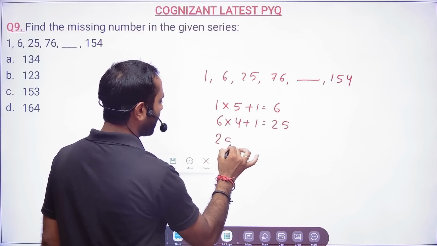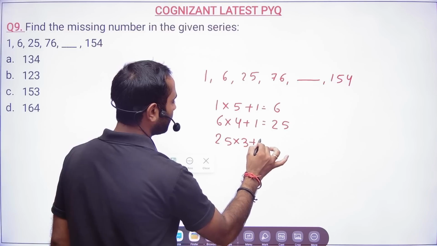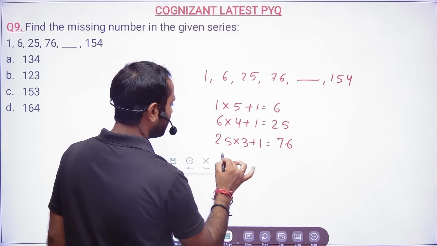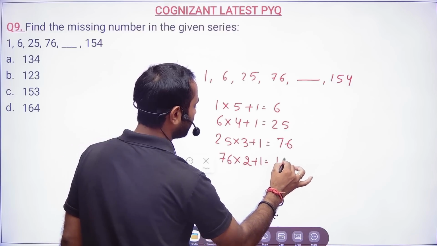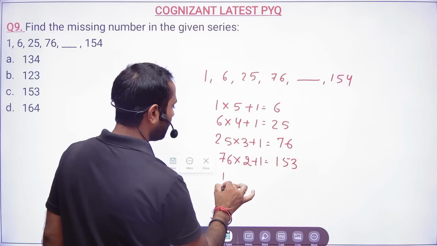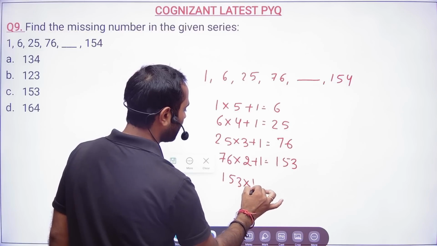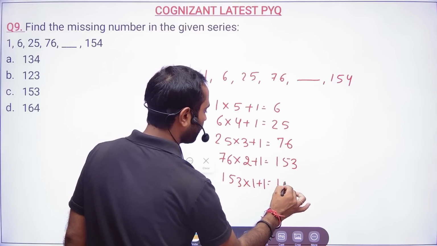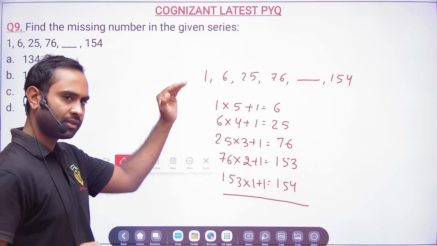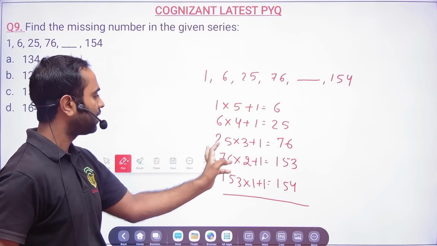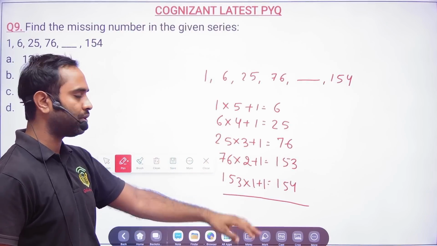Then 25 times 3 plus 1, so 76. Then 76 times 2 plus 1, 152 plus 1 will be 153. 153 times 1 plus 1 will be 154. That means the logic is times 5 plus 1, then 1 less, times 4 plus 1, times 3 plus 1, times 2 plus 1, times 1 plus 1.